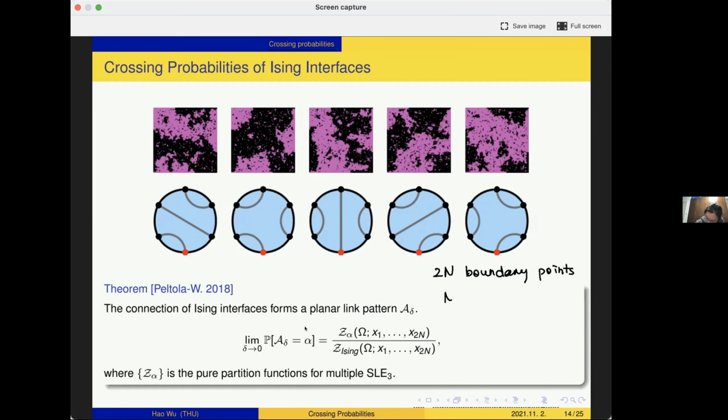Then we have interfaces, and these interfaces connect among these 2N marked points and give us a planar link pattern. For each possible planar link pattern alpha, the probability is given by C alpha over Z Ising, and this C alpha is the pure partition function we just defined before. Okay, so this is the story for the Ising model.